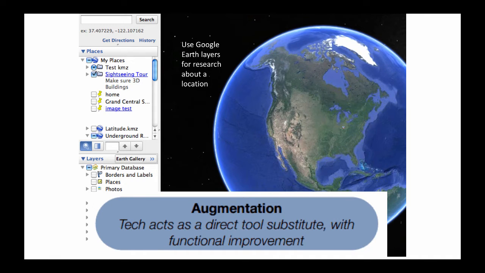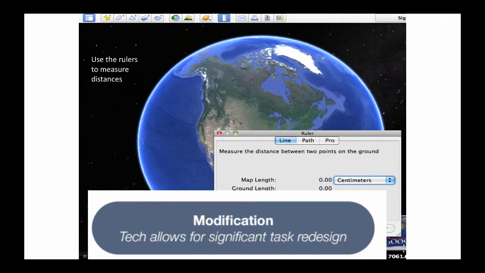Now if you augmented, you have actually started to use the layers that are within Google Earth. There's all different layers, everything from borders, labels, places, all those things. You've augmented your lesson slightly that way. Modification, you use the rulers to measure the distance. That would be really difficult to do in an atlas. So you've modified the purpose of your lesson.